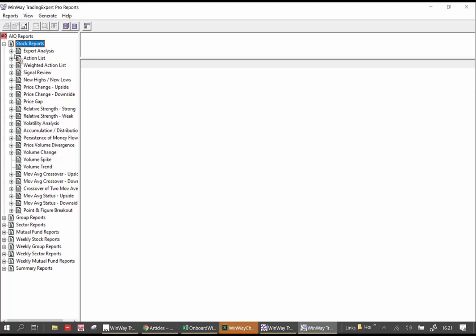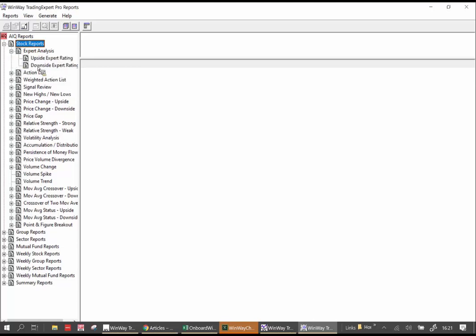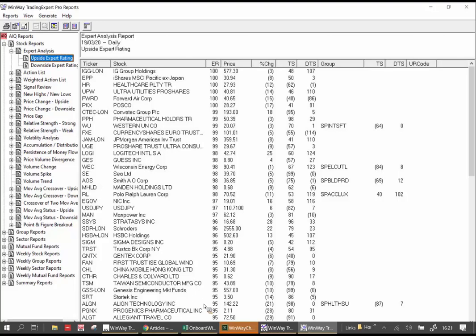What this does, it gives us a list of all the stocks which today have an expert rating of over 95, although it starts at the top and goes down the list until it puts them in order of expert rating.